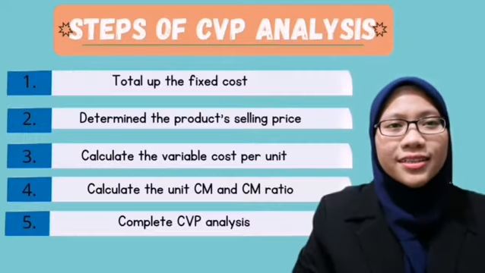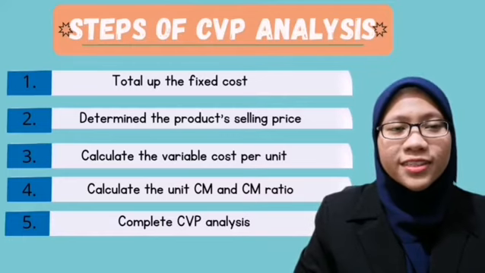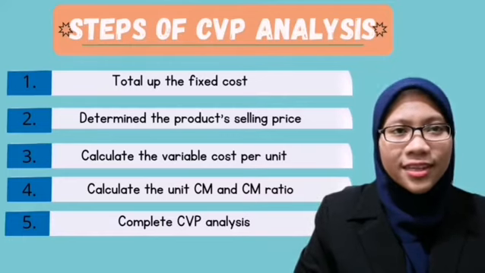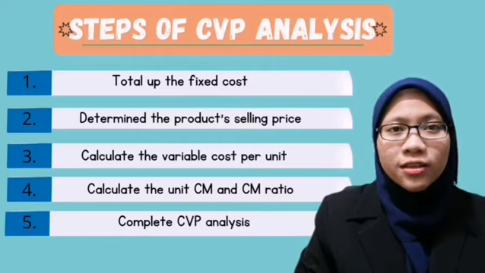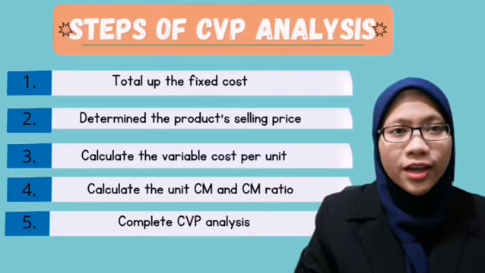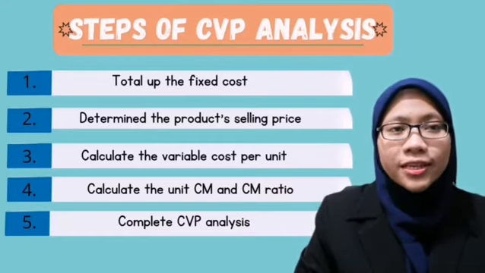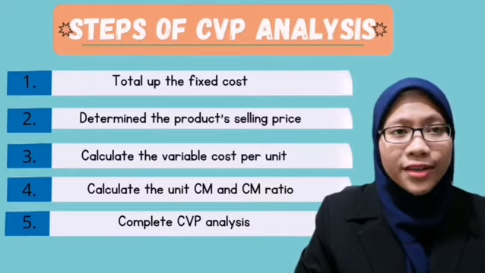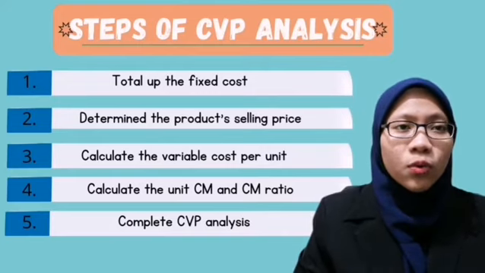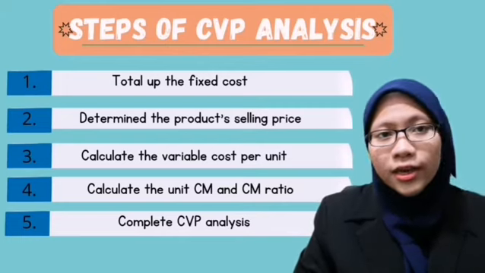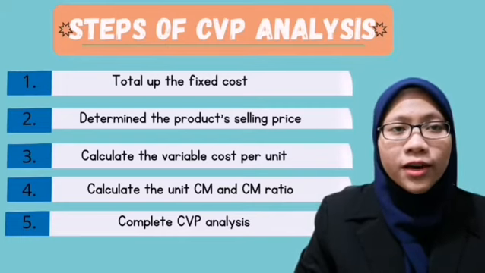So, these are the steps of calculation of CVP analysis. Firstly, the company needs to determine the total fixed cost of the manufactured products. Second, the company needs to determine the product selling price. In this case, Gupta decided to sell the air cooler at a price of 2,500 Indian rupees and 3,000 Indian rupees for the standard and Baleno models respectively to the retailer.